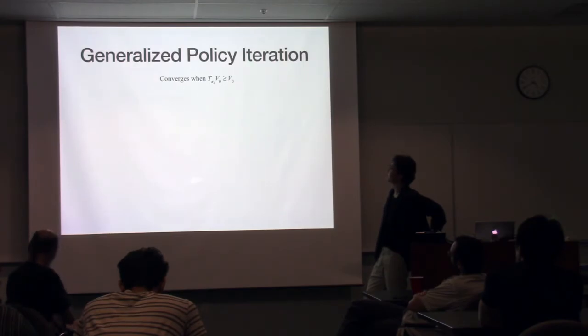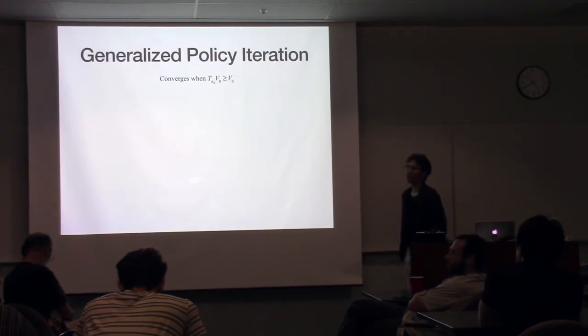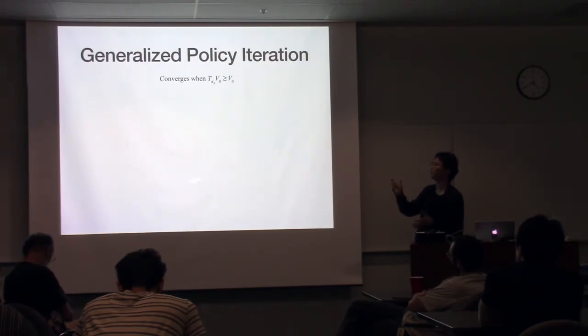You only need that T pi 0 V0 is greater or equal to V0. Basically the same condition, because previously you already get the optimal policy. And now, because you don't have the optimal policy, you start from pi 0.